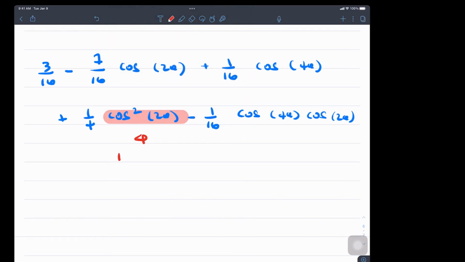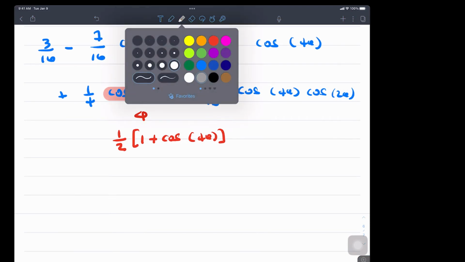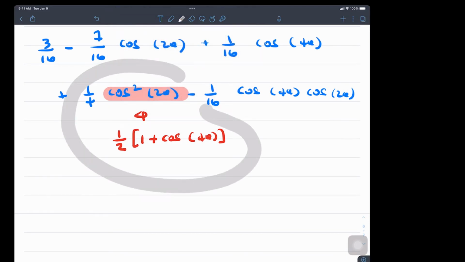Yes, we replace that with what? 1/2 times 1 plus cosine of what? 4 theta. So the work right in here now.